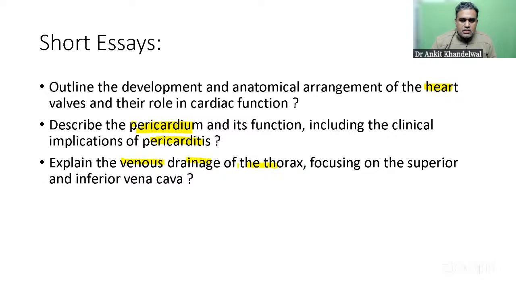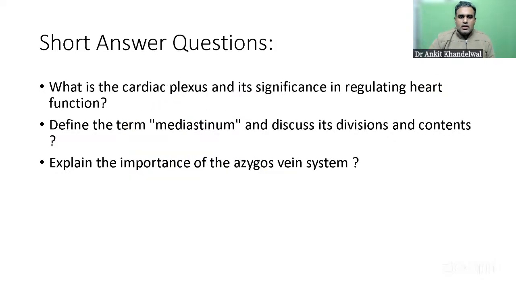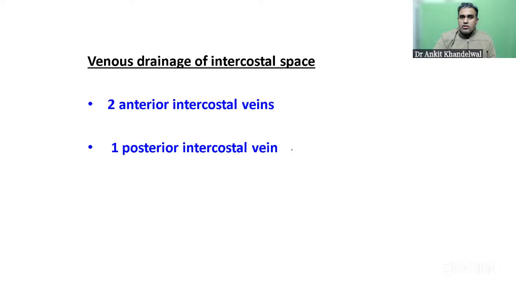Yesterday we discussed a bit of it, and today we'll carry on from here. And also I'll give you an insight into the azygous venous system. Then we have the cardiac plexus, and a very important topic, the mediastinum. Let's begin with the azygous venous system, and then we'll continue to other parts.